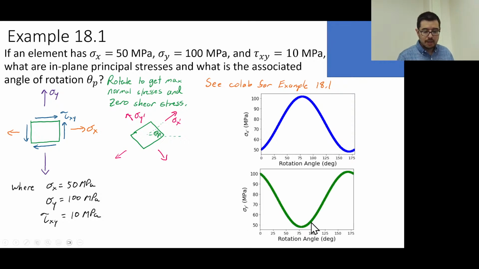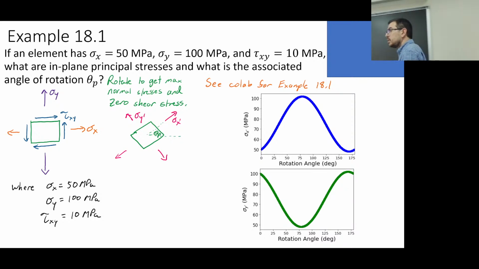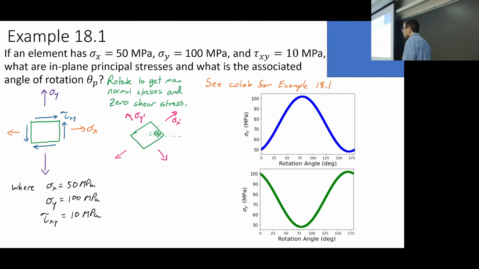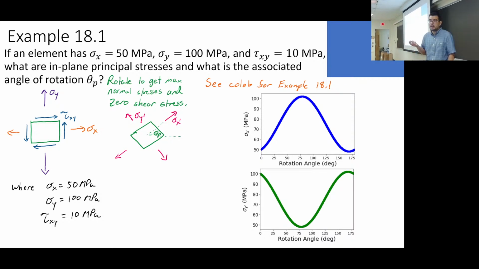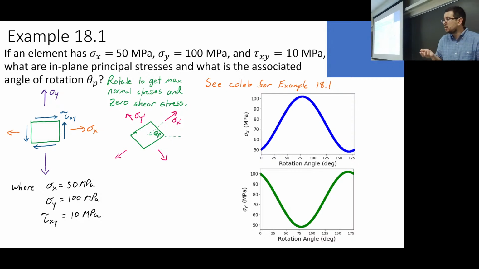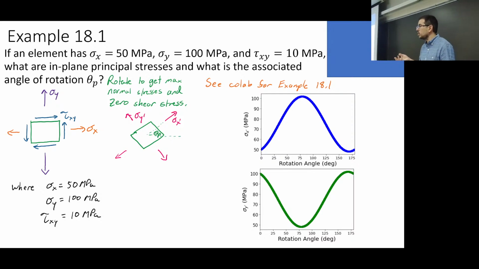You see this? I just need to plot one of these, sigma x prime or sigma y prime, and when I find a local minima or local maxima, or absolute actually in this case, then I've got my number. What is the number I'm interested in? The angle of rotation.